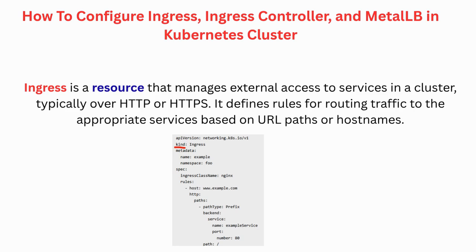The same thing is applicable to Ingress. Ingress is a Kubernetes resource that helps you to route applications externally via HTTP or HTTPS. And it can also be based on host names or paths. So it's scalable, and it works well.